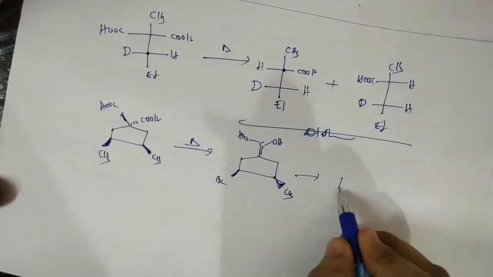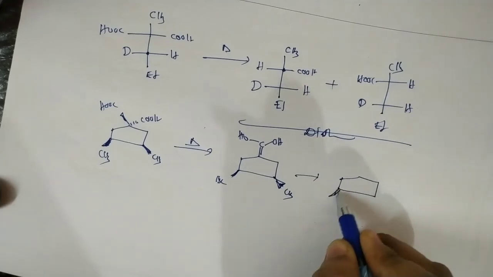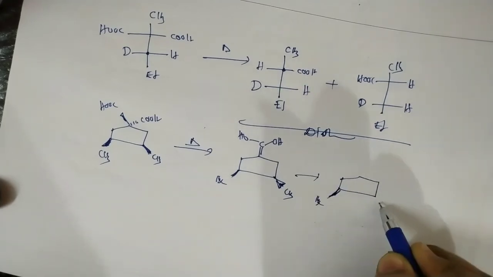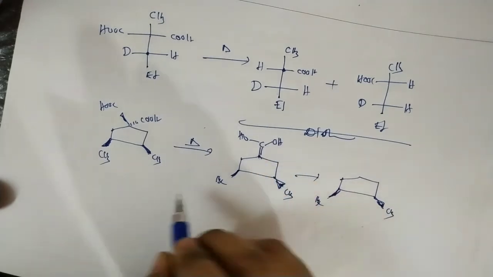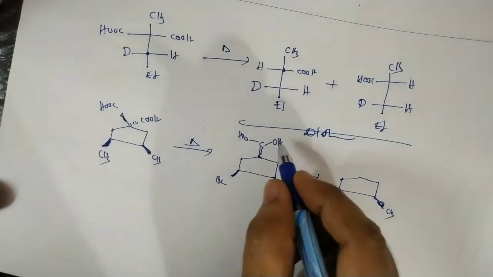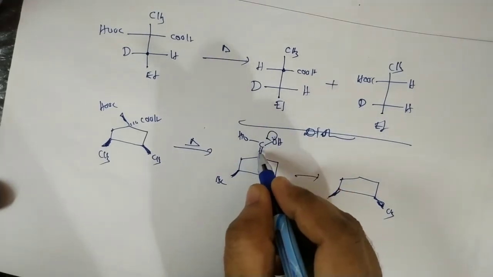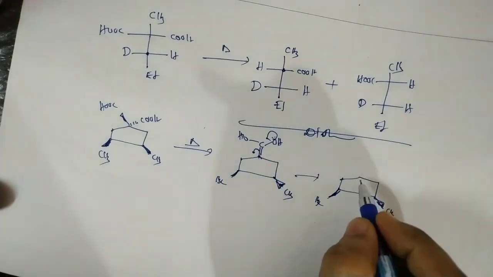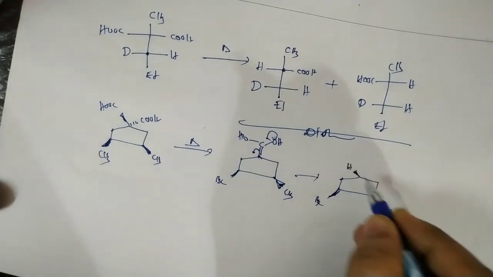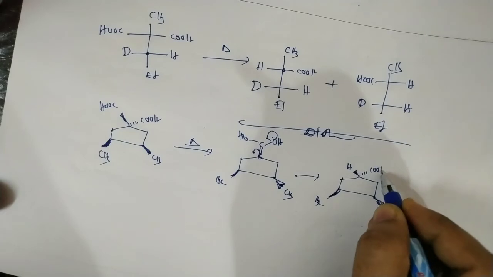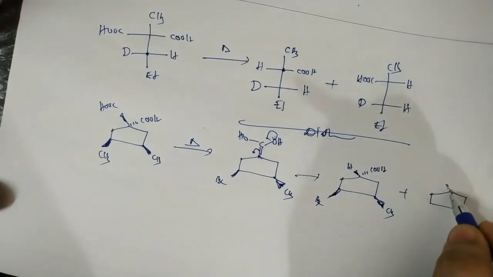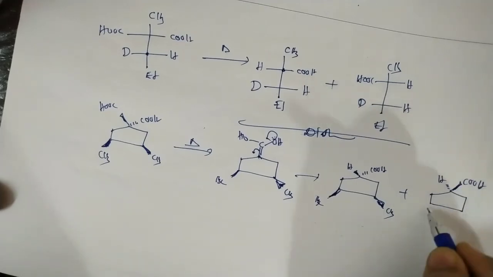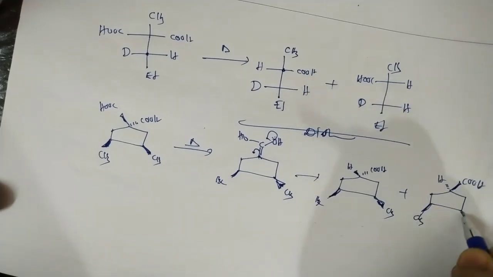Now this enol form is converted into a non-planar compound. About this carbon there is planarity. Now it is converted, that means here proton transfer. In this case that proton may be above the plane and COOH below the plane, or the proton may be below the plane and COOH above the plane. So what is the relation between these two?